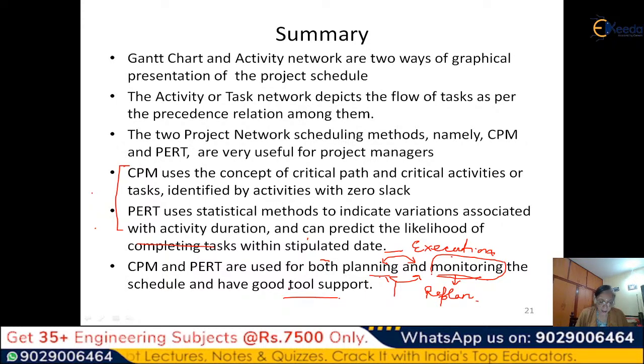In the next lesson, we will be looking into some of the cost monitoring methods. So today we have looked into the schedule, and in the next one we will look into the cost.